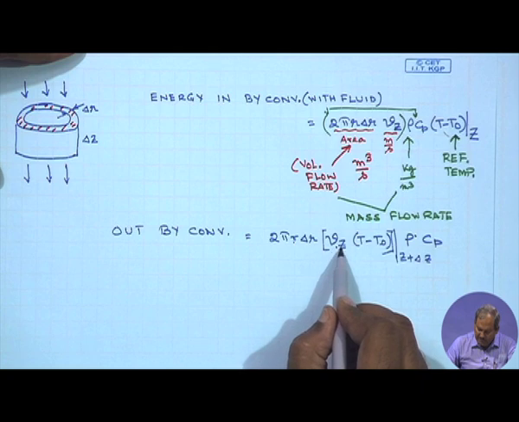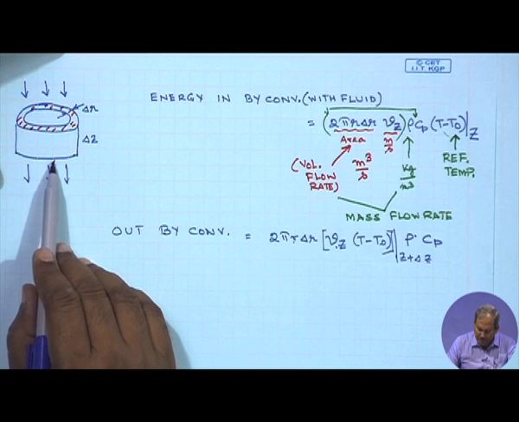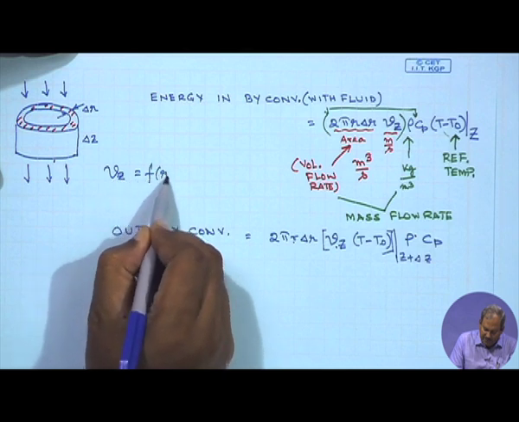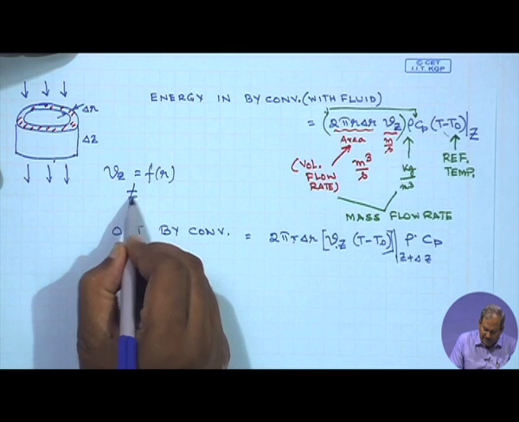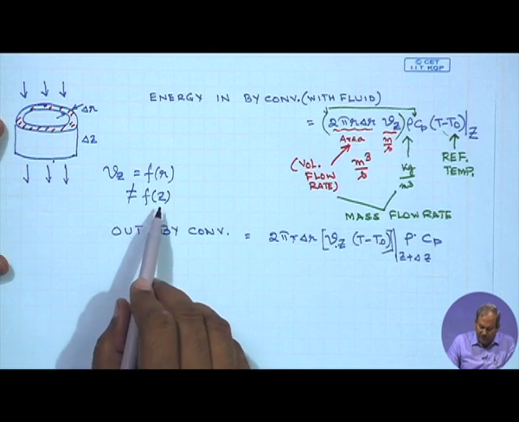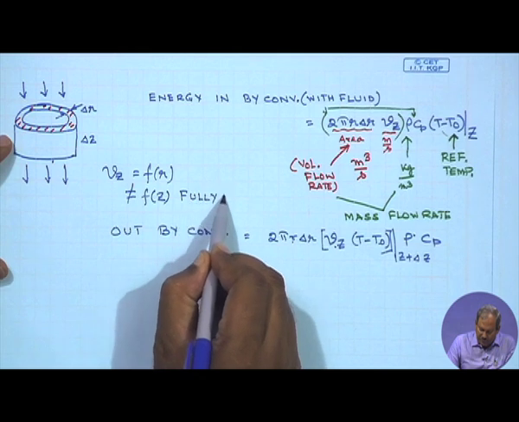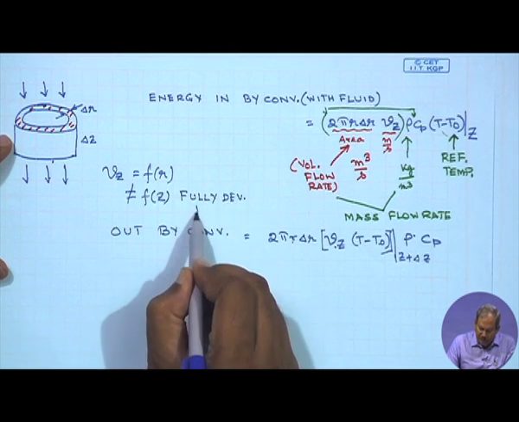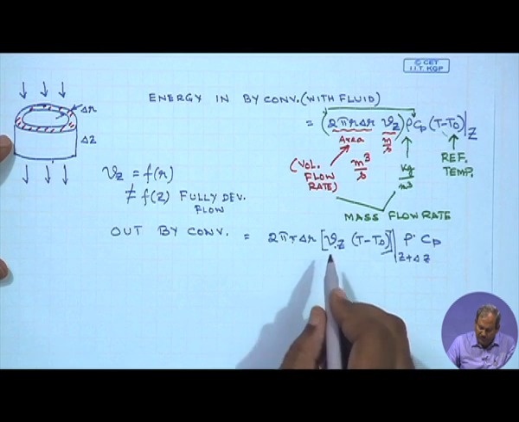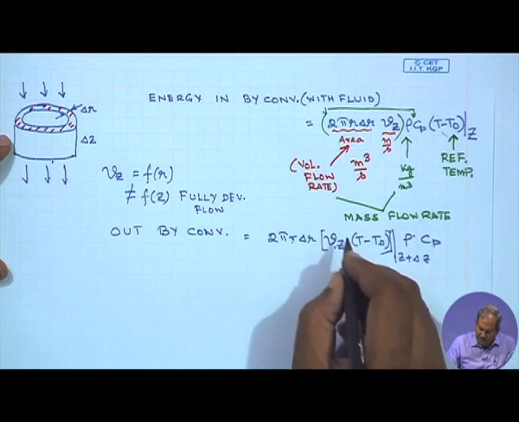This Vz is also evaluated at this point, but from our study of fluid mechanics we understand that Vz is a function of r only and Vz is not a function of Z. So if Vz is not a function of Z for fully developed flow, which we have assumed in order to obtain our expression for the velocity profile, therefore this Vz can be taken out of this sign.